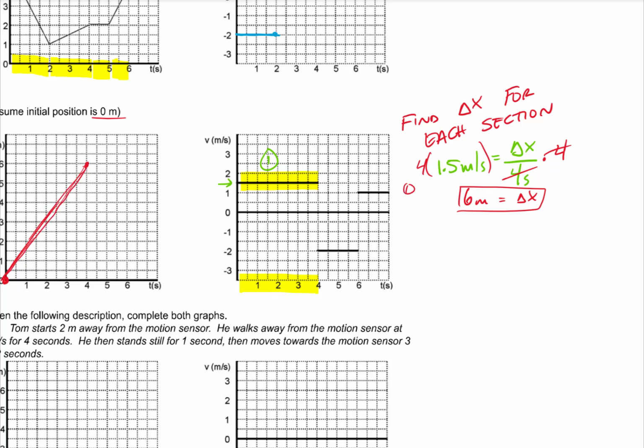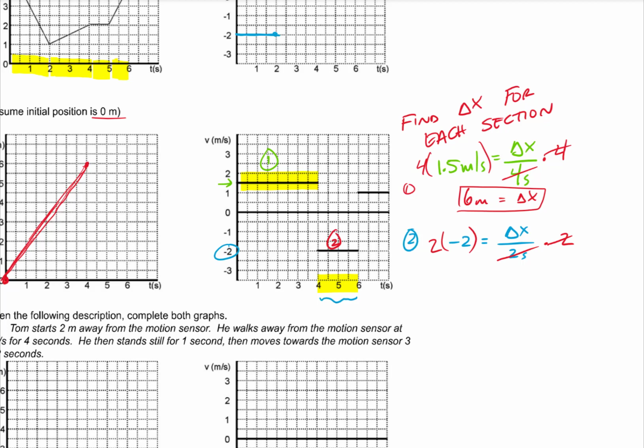So that's the first line. That's section 1. Section 2, we run from 4 seconds to 6 seconds. So in section 2, again, velocity is delta x over time, so the velocity, -2, is equal to delta x over the time. That time interval is 2 seconds. So we're going to multiply each side by 2.